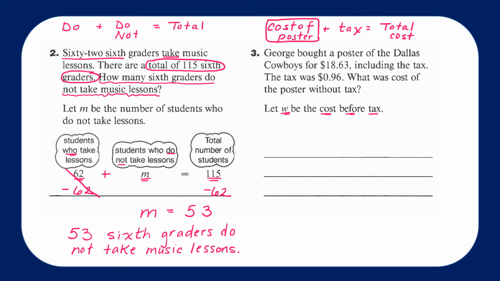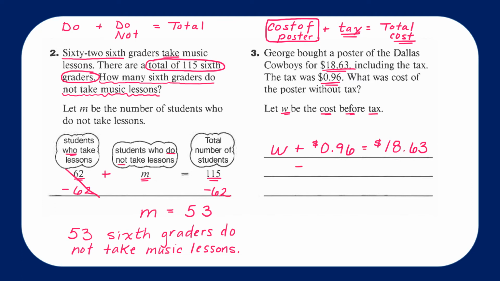That's going to be W. We do know that the tax was 96 cents. And we do know that the total cost was $18.63. So now we can solve our problem.